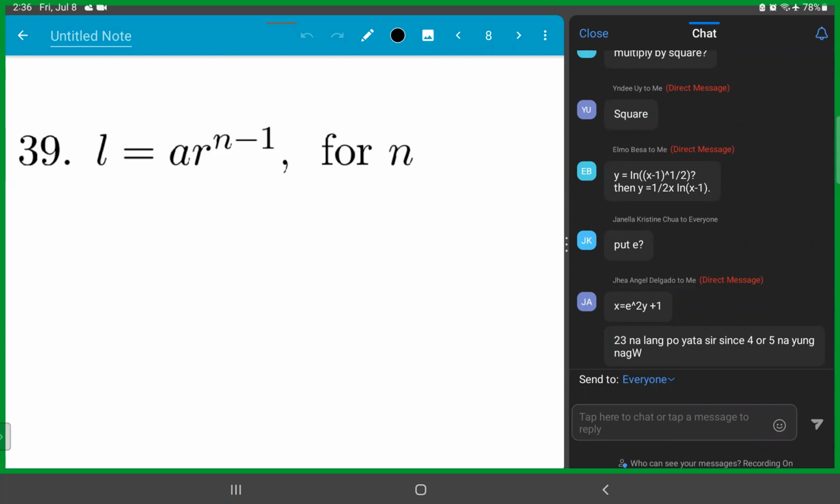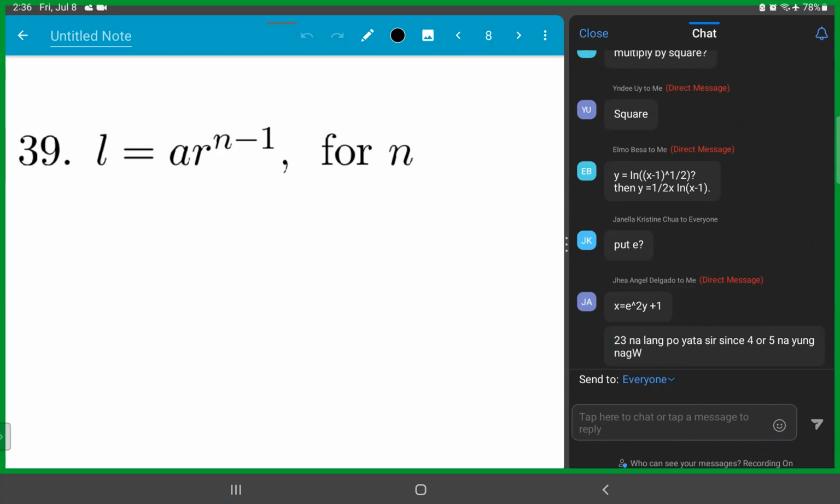Pero dahil exponential and log ito, kadalasan dito nahihirapan yung mga students. And then may trigo pa tayo. Mas mabigat ito, hindi sa dami ng aralin, kundi sa difficulty ng mga topics.